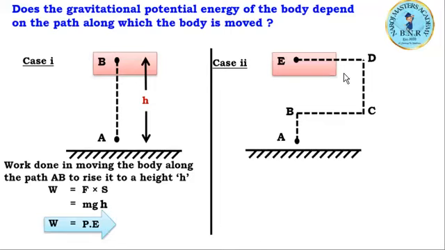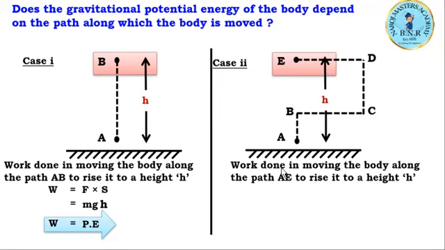We know that work is force into displacement. So A to B, B to C, C to D, D to E is distance, not displacement. The displacement is from A to E. Is it right? So how much displacement? Up to a certain height, it is h only. The displacement traveled by this object is h.